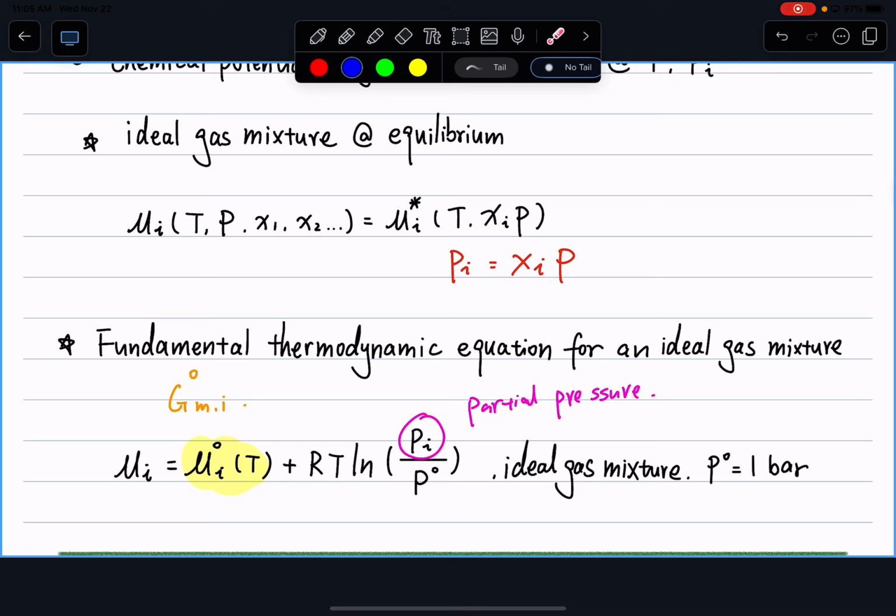And depending on what exactly that mixture is, you have this RT ln(partial pressure over P naught) term to take care of the amount of your ideal gas in that mixture. So this part should be a quick review about the chemical potential of an ideal gas mixture. This is something we discussed last time.